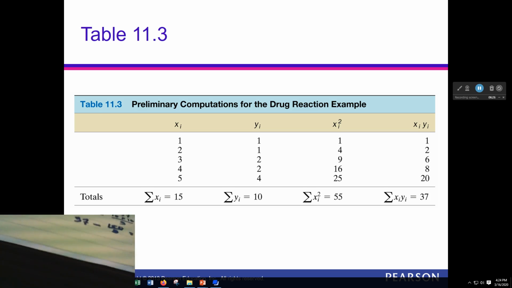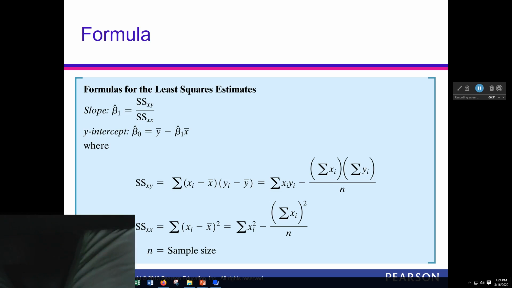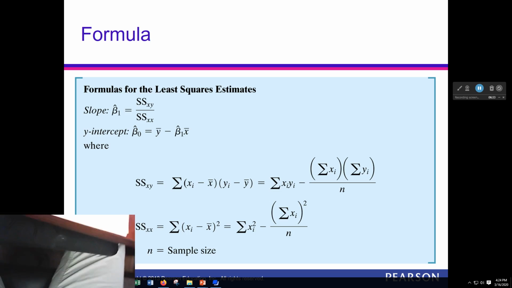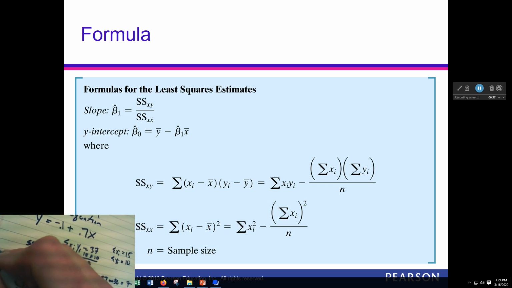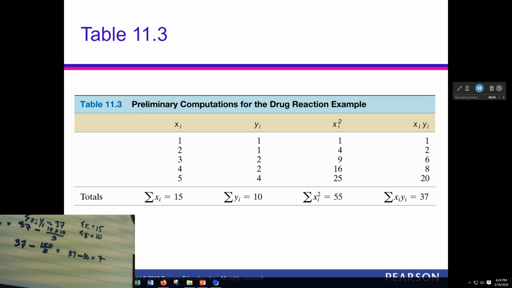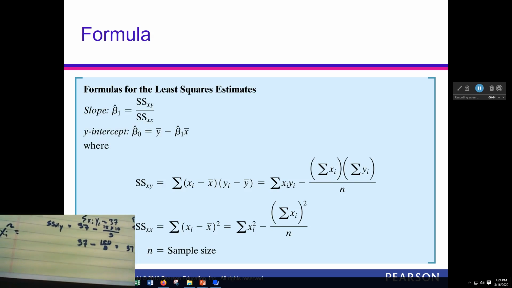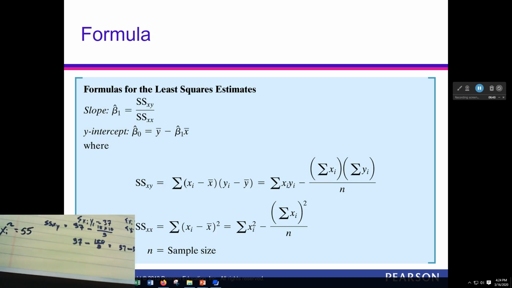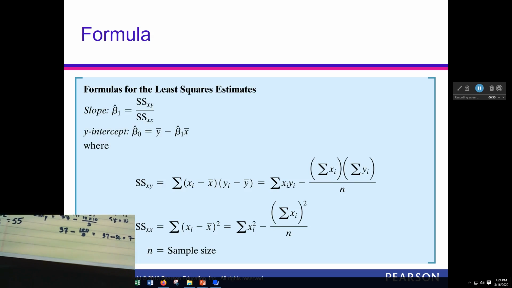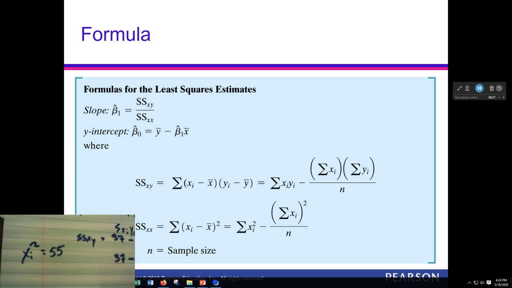Okay? The SSXX is equal to the sum of x sub i squared, which is equal to 55, minus the sum of x sub i, which is 15, squared over n.